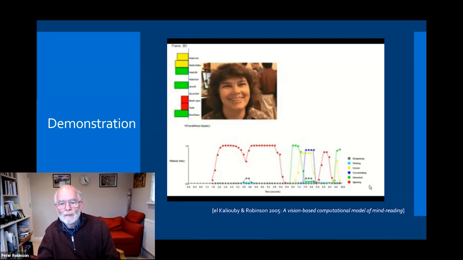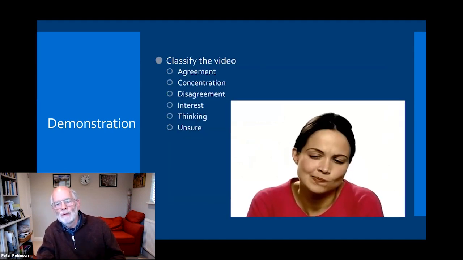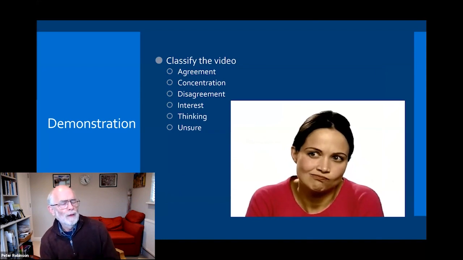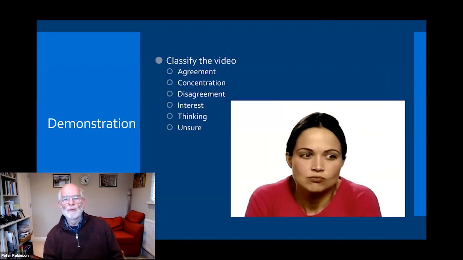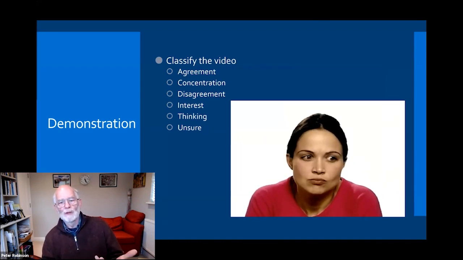And we then did more serious experiments using half a dozen conditions which we thought would be interesting for interaction with computers. So things like agreeing, concentrating, disagreeing, interested, thinking, which is perhaps the same as concentration, and unsure. That's uncertainty in the person.